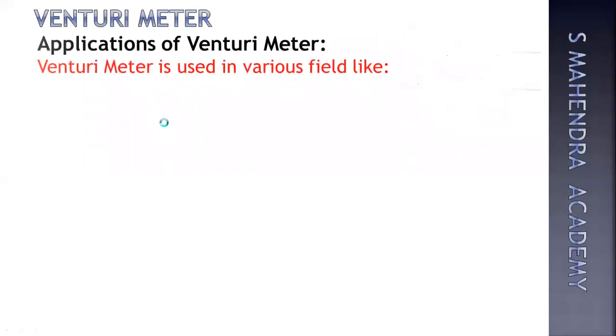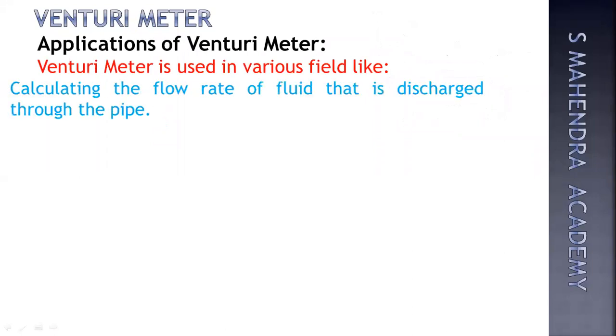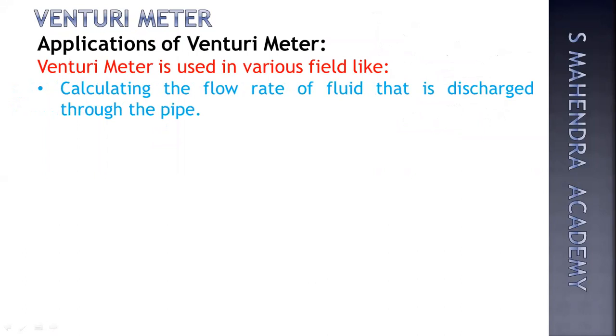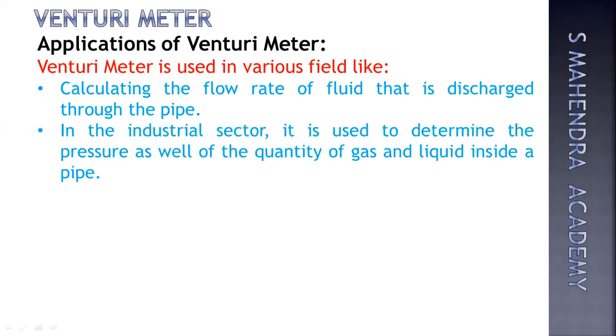Now we will see the applications of venturimeter. Venturimeter is used in calculating the flow rate of fluid that is discharged through a pipe. In the industrial sector, it is used to determine the pressure as well as the quantity of gas and liquid inside a pipe, and the flow of chemicals in pipelines.